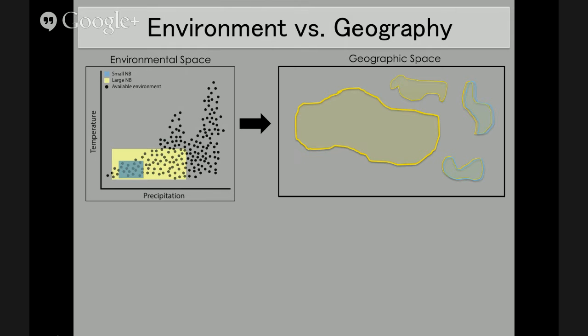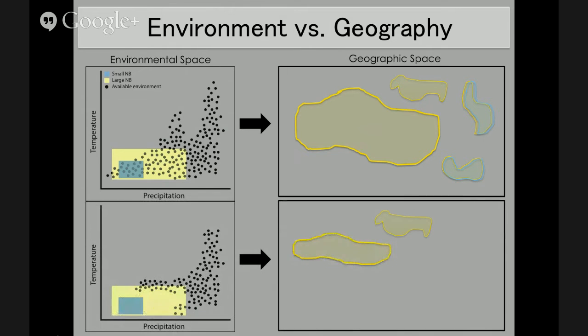Moreover, these conditions map onto geography in really complex and often fragmentary ways, which will affect where a species can be distributed. Then when climate changes, this adds an additional level of complexity, and the conditions that a species finds suitable may now be more or less represented in geography. And of course, this affects how a species occupies geography.